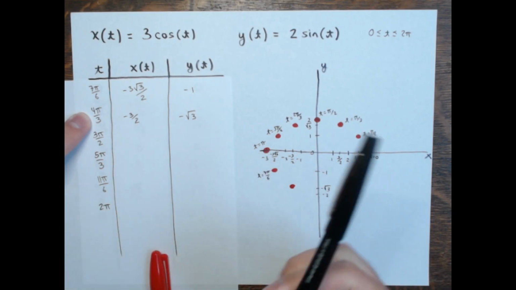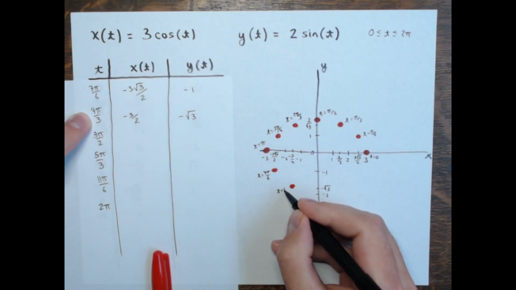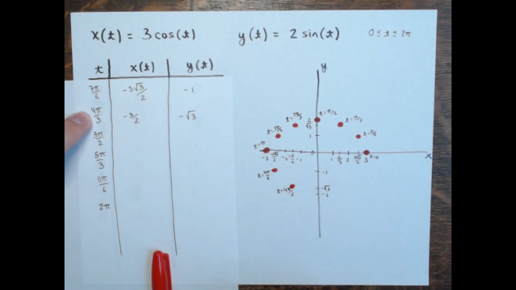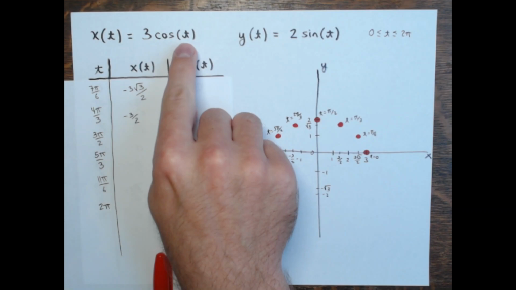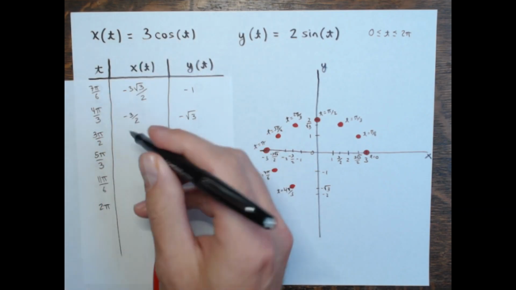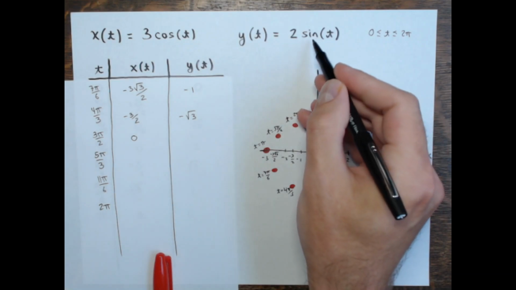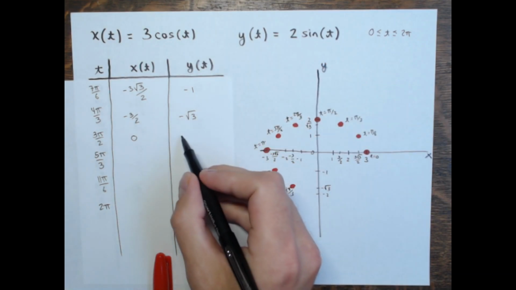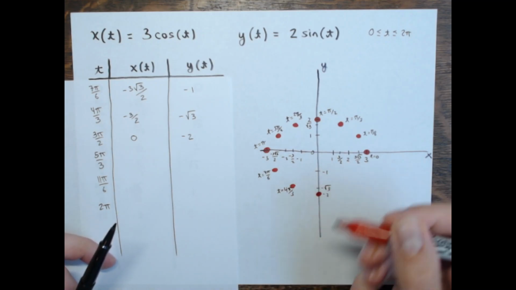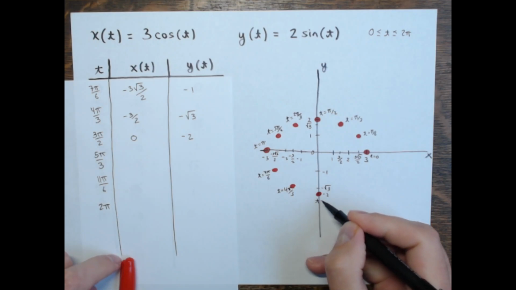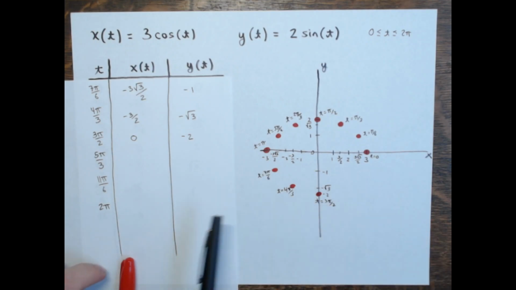So right down there, when t equals 4 pi over 3. And then 3 pi over 2, cosine of 3 pi over 2 is 0. The sine of 3 pi over 2 is negative 1, right? So times 2 is negative 2. So we're at the point 0, negative 2. We're down here when t equals 3 pi over 2.